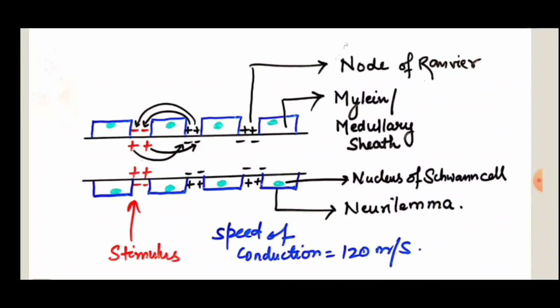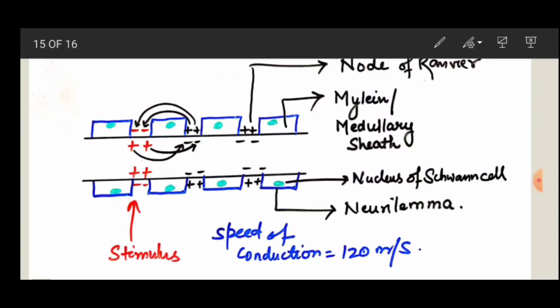This is the region where the concentration of ion channels is very high, and the electrical potential generation takes place at this point, via leaping or jumping of the potential.